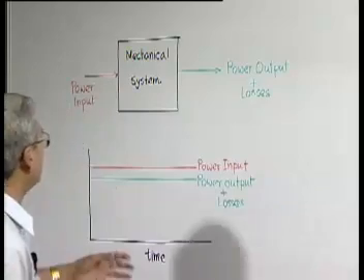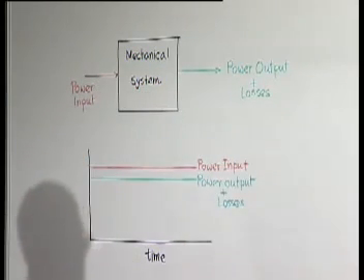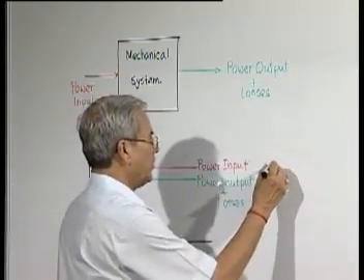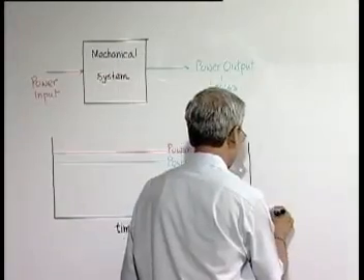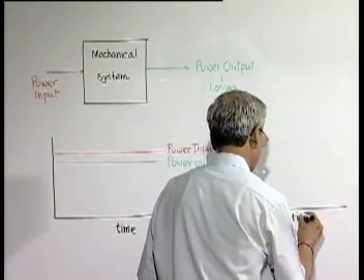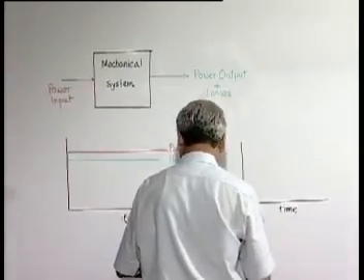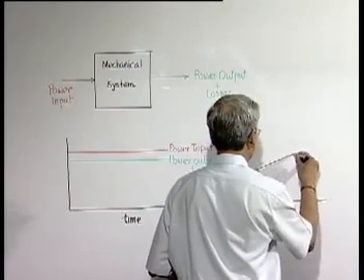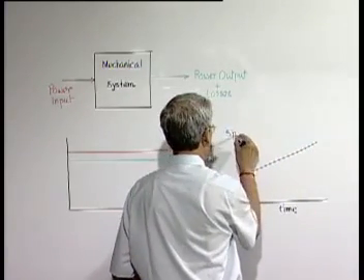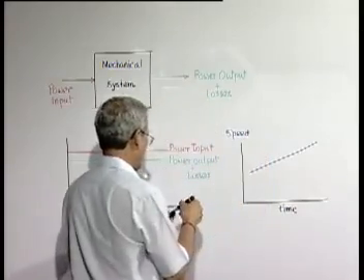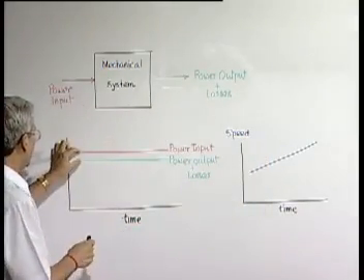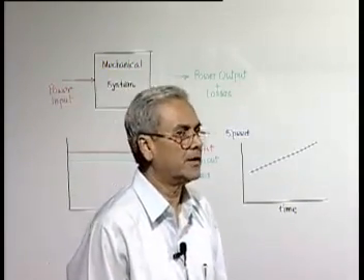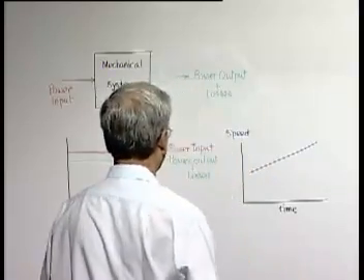So, the speed at which this mechanical system is operating will gradually change, and in this case we will find that with time the speed of the machine will gradually increase, because with time more and more energy is going to remain in the system, resulting in a gradual increase in the kinetic energy, that is the speed of the system.